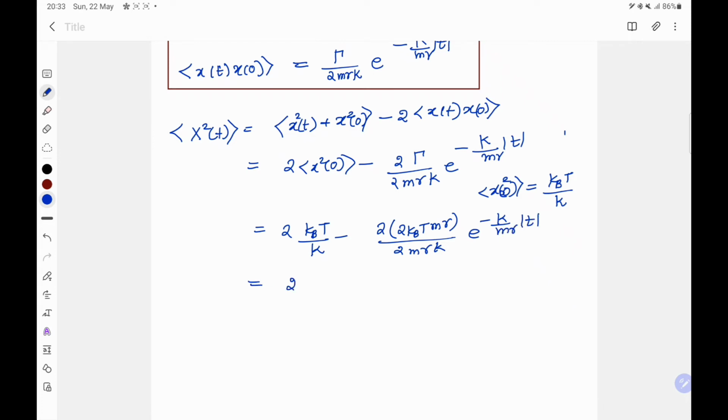So we will have 2 kbt over gamma, 1 minus e to the power minus kappa over m gamma mod t, x squared t.